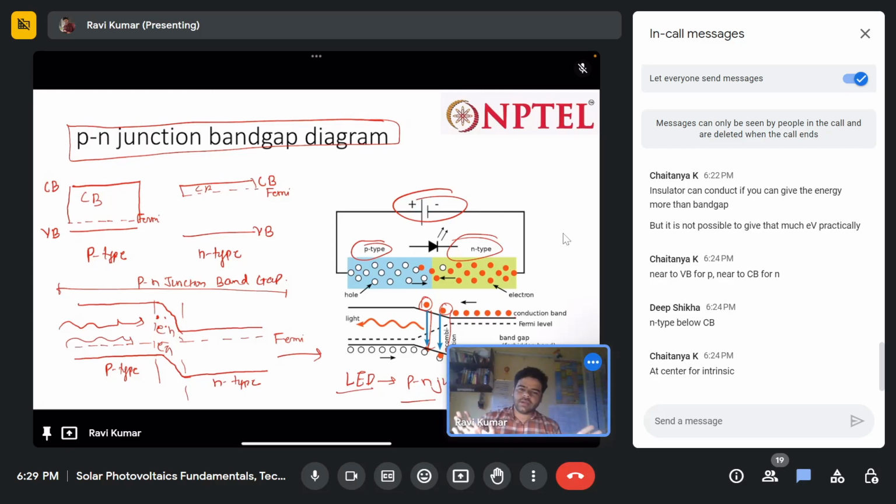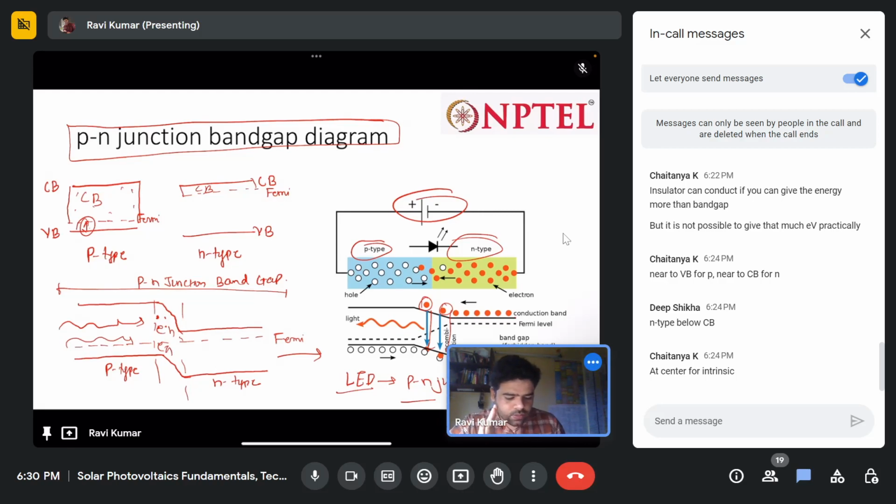There are so many acceptor atoms that they can accept an electron much faster as compared to an intrinsic semiconductor. So the real band gap is reduced, and this real band gap is nothing but a barrier for an electron to be accepted by an atom.